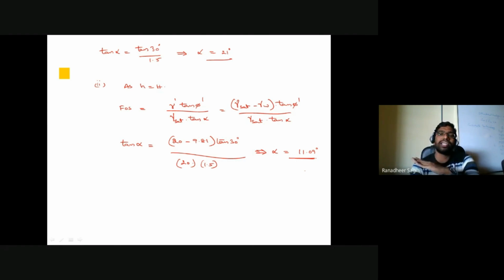If alpha is anything more than 11.09 degrees, you are not going to have a factor of safety of 1.5 for that infinite slope. Rather, the factor of safety of that slope is going to be less than 1.5. And further increase in alpha angle indicates that there could certainly be a situation where the critical failure condition would exist, and further increase in alpha could result in the failure of that infinite slope.